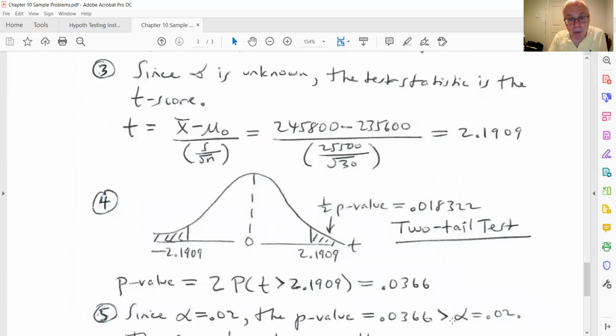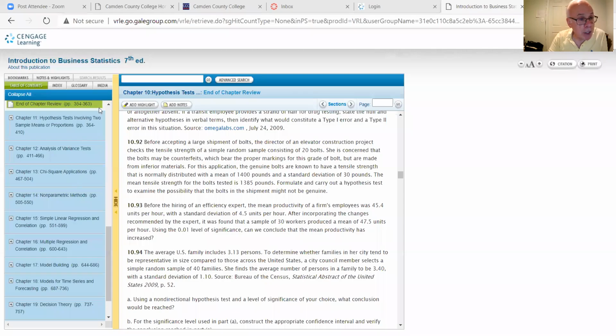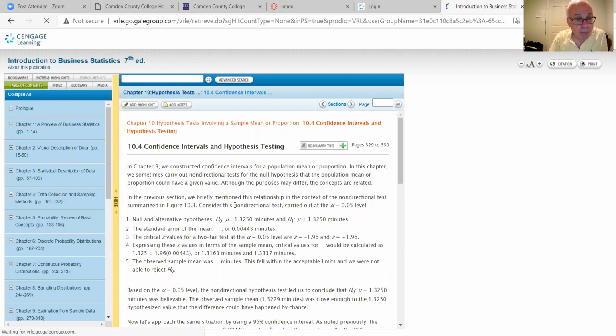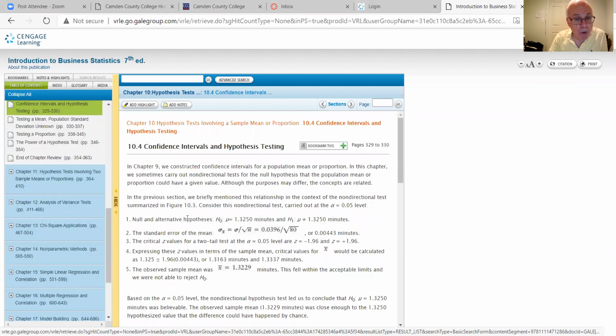And it is mentioned in the book. I'll just show you quickly what section it's in. This section here, confidence intervals and hypothesis testing, pages 329 and 330 in the textbook, is where they relate a two-sided test to a confidence interval.